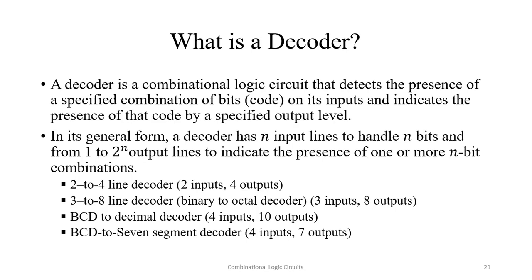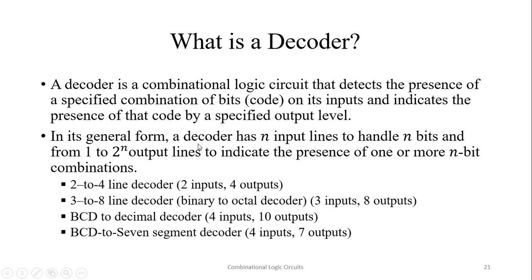Suppose for a 2x4 decoder, we will have 2 inputs and 4 outputs. For 2 inputs we will have 4 possible code patterns: 0 0, 0 1, 1 1 and 1 0. So one output will represent one code pattern.